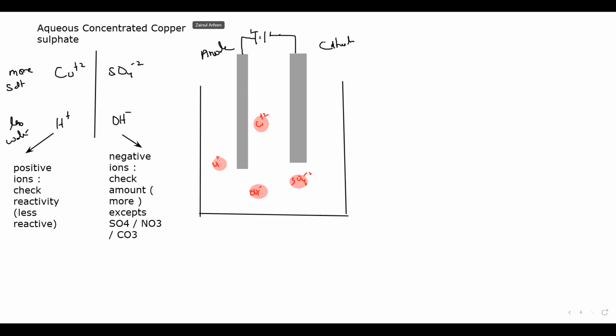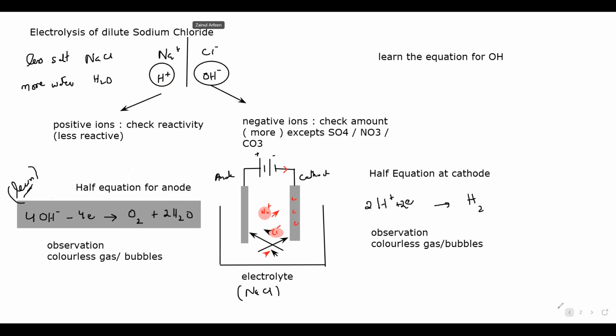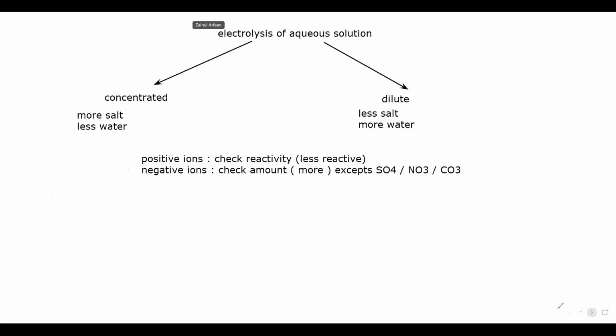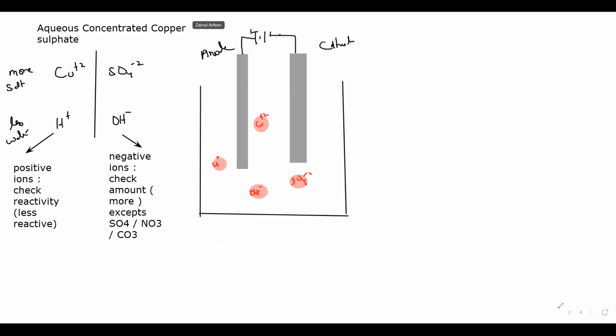When you check the reactivity series, you have potassium, sodium, calcium, magnesium, aluminium, zinc, iron, lead, hydrogen, copper, mercury, silver, platinum.